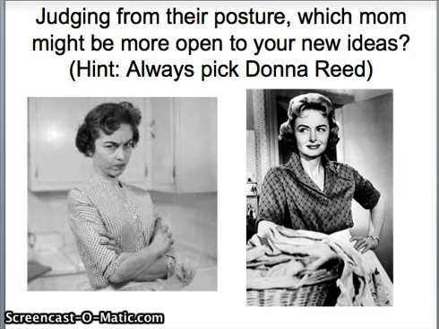This indicates to most people being closed off to new ideas. However, the mom on the right, who is Donna Reed, should be more receptive to your ideas. She has an open body posture, she's relaxed, and this often indicates to us a more open willingness to listen to our ideas.